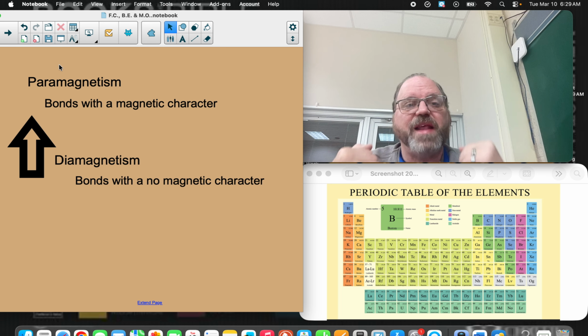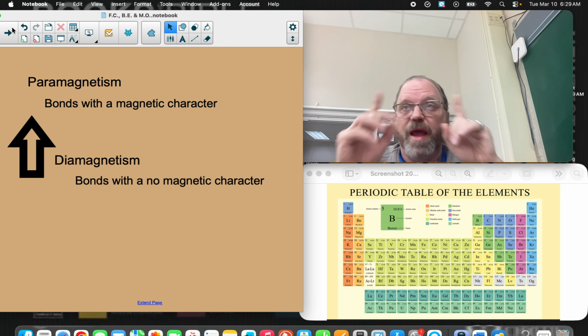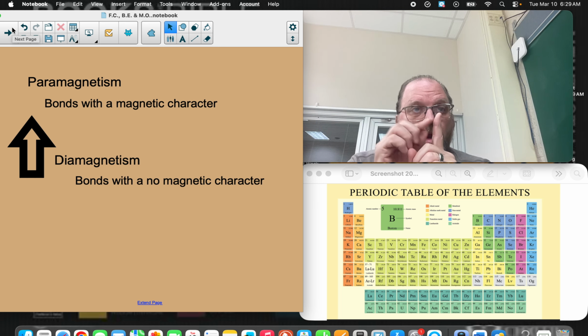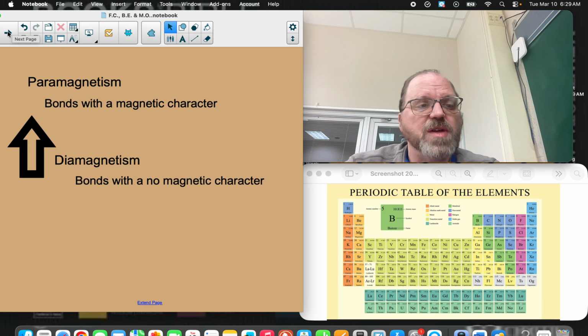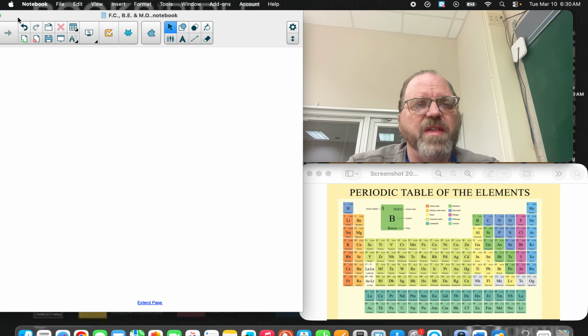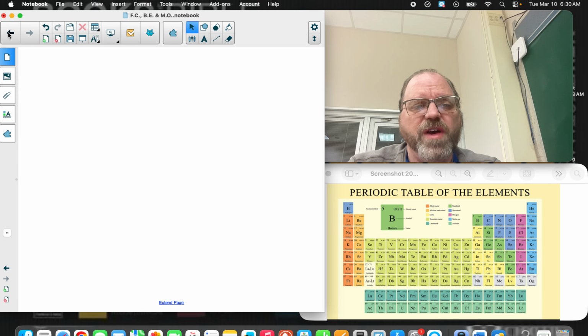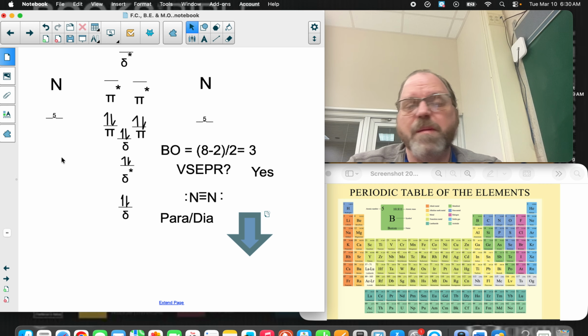So that gives us magnetic nature. It's paramagnetic if pi has one on each and there are open spots, or sigma has open spots. If not, then it's diamagnetic. So let's go through and see what this would be. In this case, we see that my pi's are totally filled, so that would be diamagnetic.